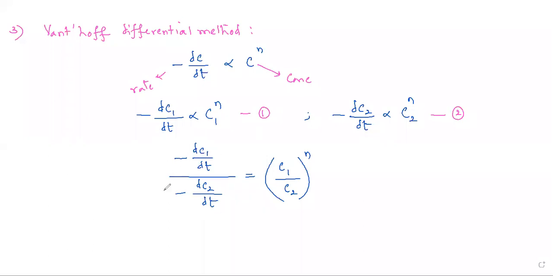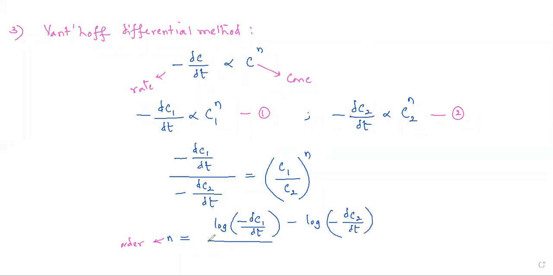Then, taking log on both sides and writing the final expression for calculating the order of the reaction, look at this: n is equal to log of minus dC1 by dt minus log of minus dC2 by dt, by log C1 minus log C2.